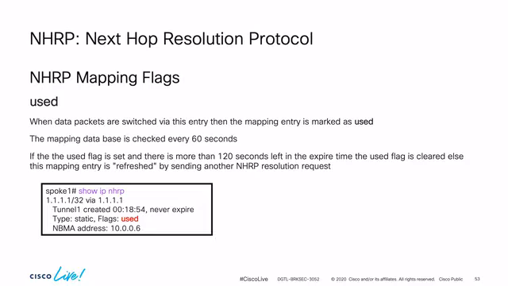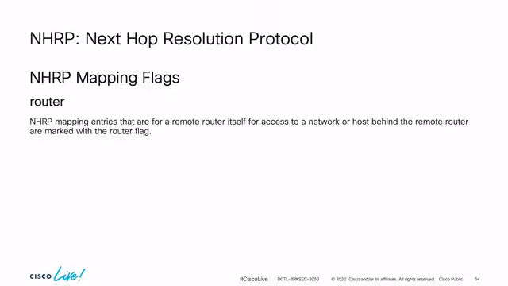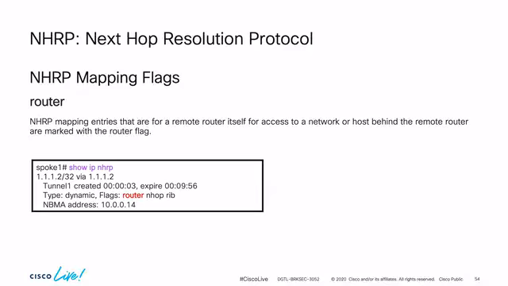The router mapping flag is another flag which is pretty common, and if we look at the show ip nhrp output, we would see this flag called router. Why do we have this mapping entry, and what does it indicate?